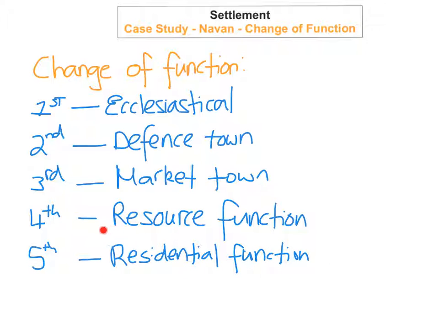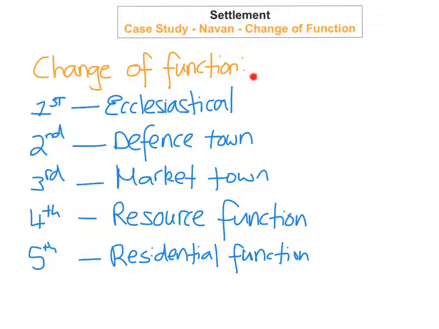It's only about 35 to 40 minutes to drive from Navan to Dublin. So many people now live in Navan and commute to work in Dublin. So Navan has turned into very much a residential area, a place where people actually live and settle down.